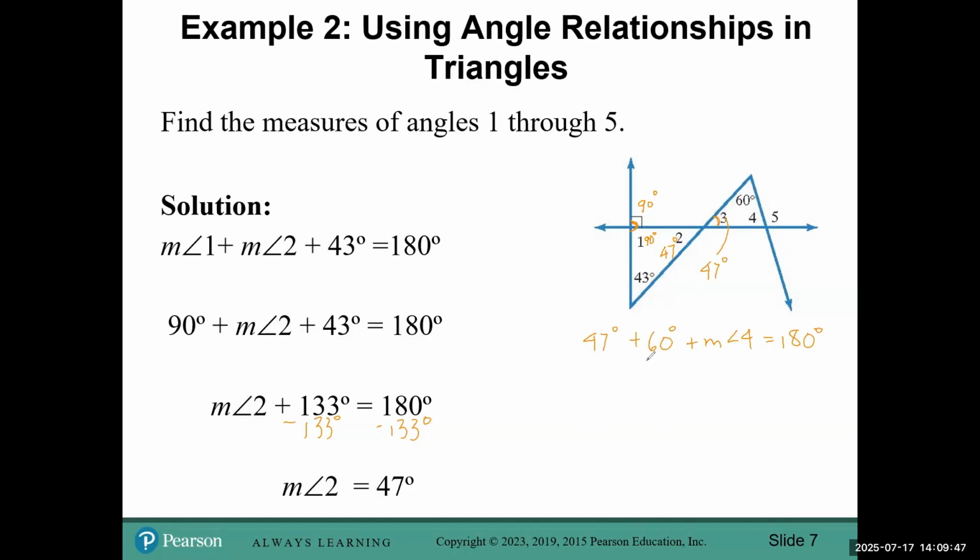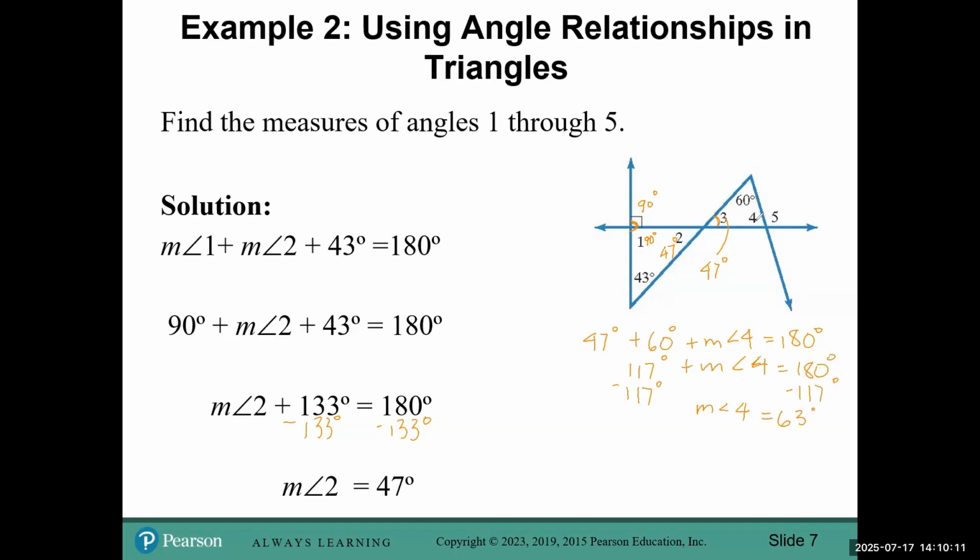And then I can simplify. So 40 and 67 gives me 107 degrees. And then just copying everything else down. And then subtracting 117 degrees from both sides. And now I know the measure of angle 4 is 63 degrees.